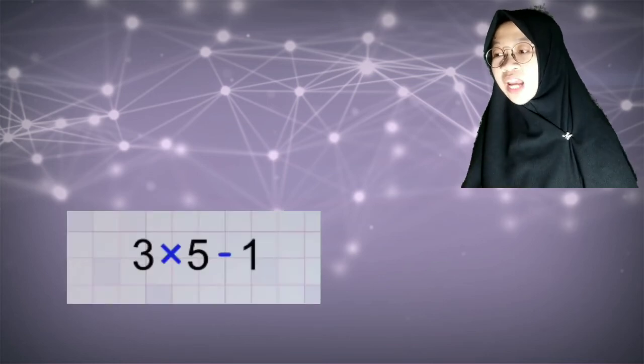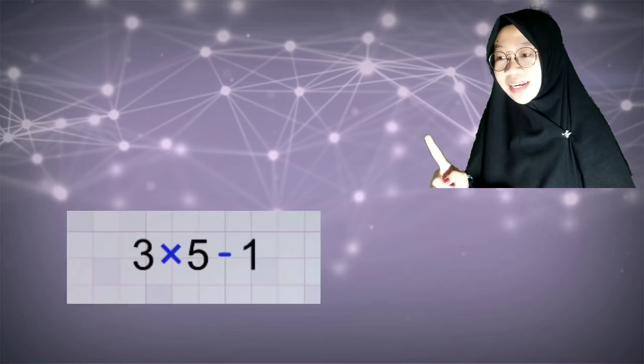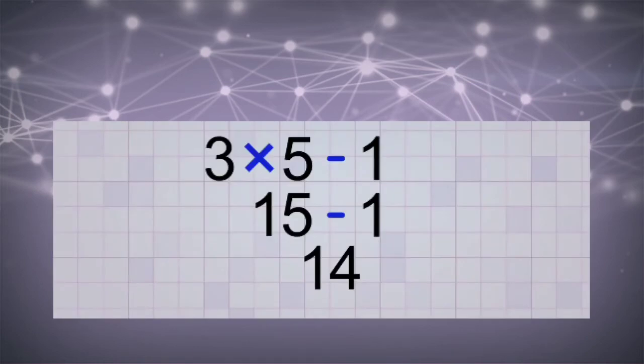Now let's try this one. 3 times 5 minus 1. Our rules tell us that multiplication is higher on the list than subtraction. So we do 3 times 5 first. That gives us 15. And then we subtract the 1, which leaves 14 as our final answer.